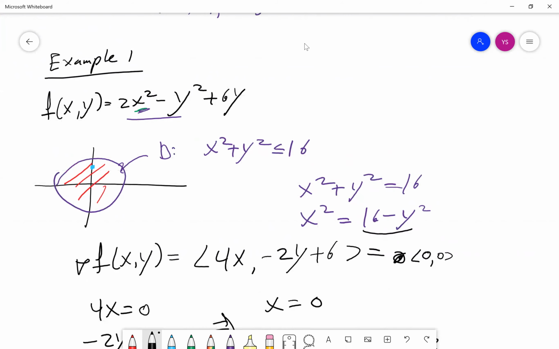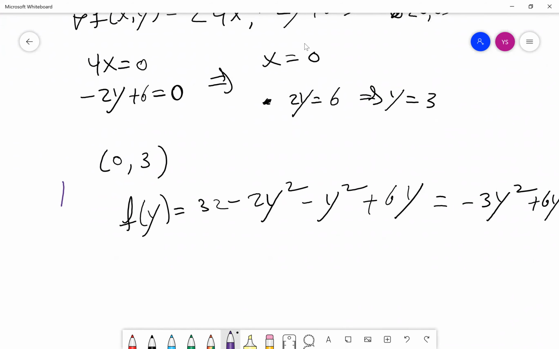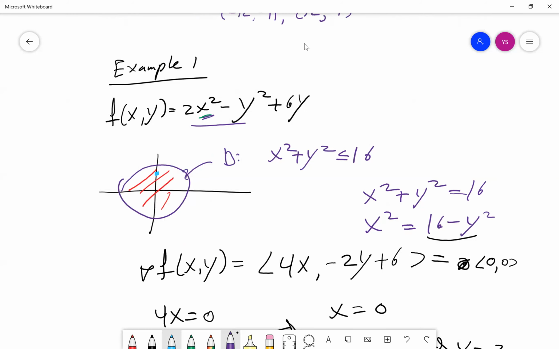So again, this is for the domain. So let's say on the domain D, let's call it D1. So that's this boundary over here. We found the critical points in the interior. We want to now find it on D1, the boundary. So what is the boundary? We know that the entire disk is given with this equation.